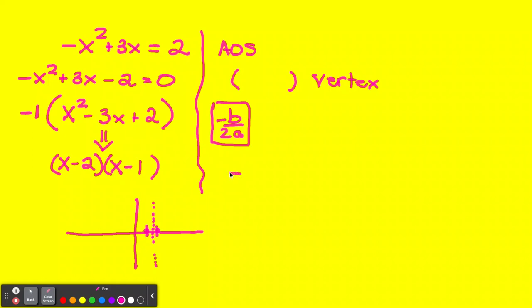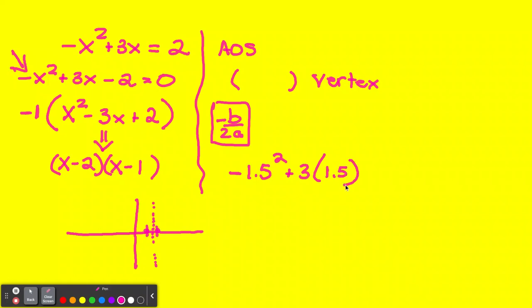So now that we know it's 1.5, let's take the original equation we had. We're going to have negative x squared, so it's going to be negative 1.5 squared without parentheses. So we want to do 1.5 squared, and then whatever the answer is, it'll be negative because we have a negative right there. We got to be careful. And then we're going to have plus 3 times negative 1 plus 1.5.